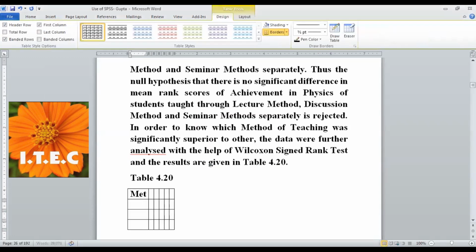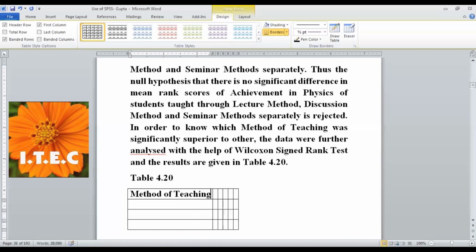Now here I say method of teaching. And so here is my lecture method.